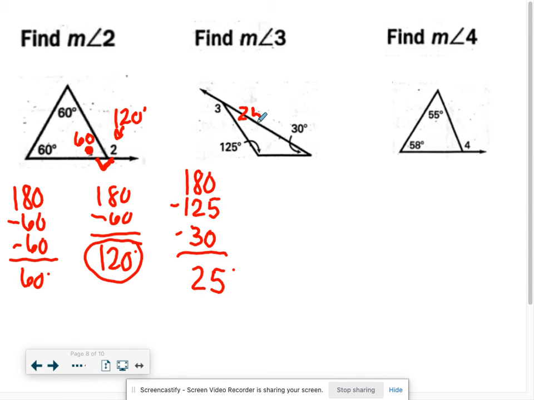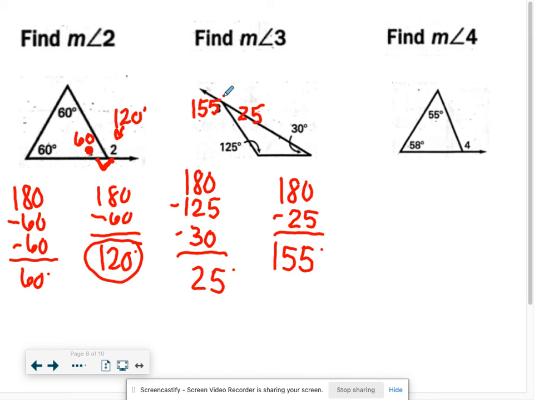So if this angle is 25, to find angle 3, we subtract from 180. $155, right? You guys try that last one, see what you get.